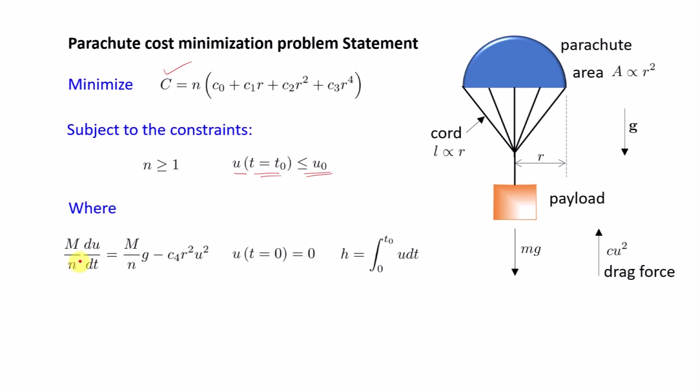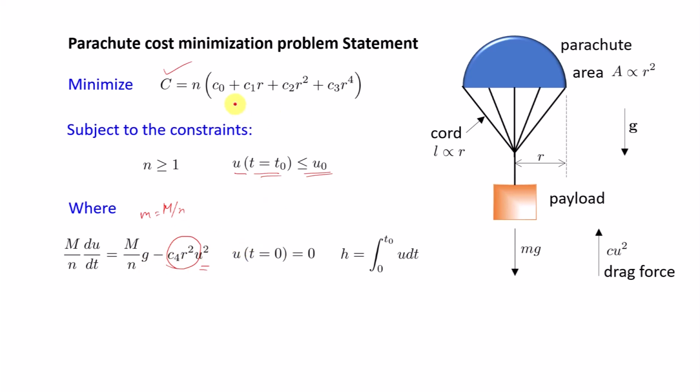So here I know that I have to calculate u0 because u0 is not given here. And in this u0 calculation, I have m by n, that is the payload, small m. So small m is capital M by n, du dt equals m by n g minus c4 r square u square. So if I reduce r too much, then this drag term will vanish and the payload will hit hard at the ground.